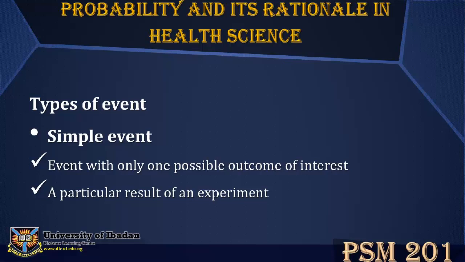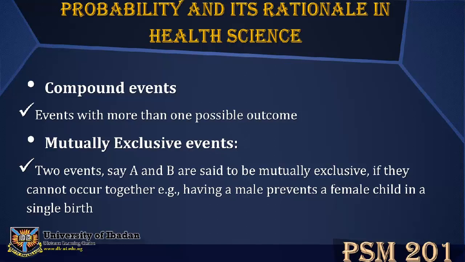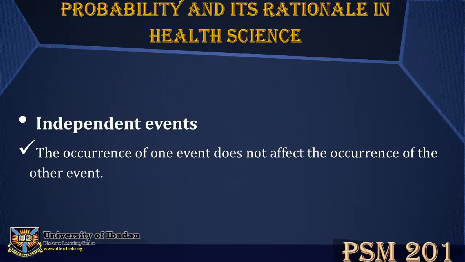Types of events. Simple events. Events with only one possible outcome of interest, a particular result of an experiment. Compound events. Events with more than one possible outcome. Mutually exclusive events. Two events, say A and B, are said to be mutually exclusive if they cannot occur together, e.g., having a male and a female child in a single birth.